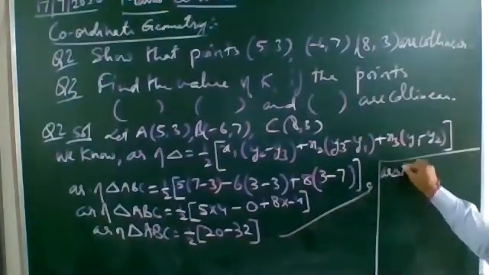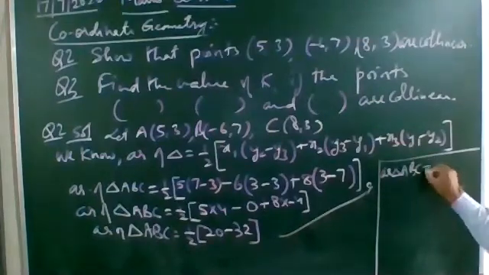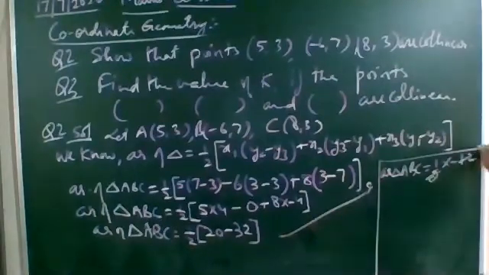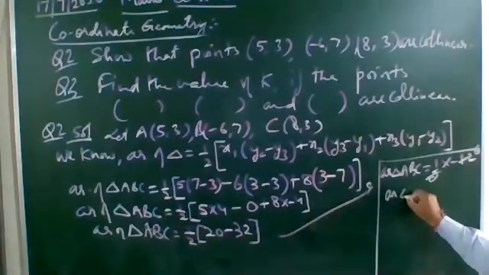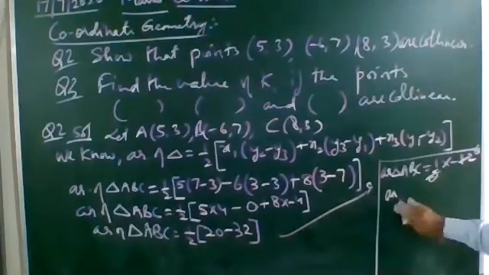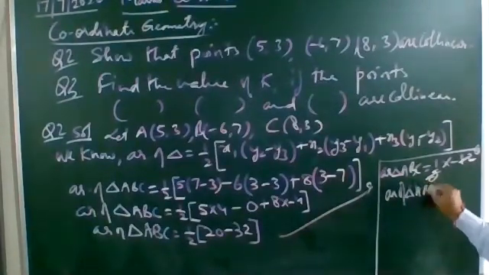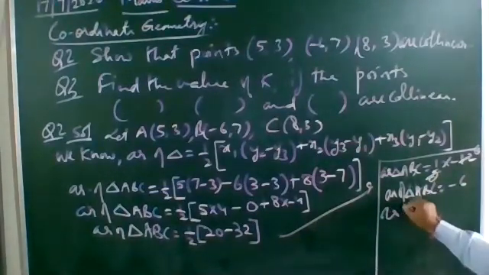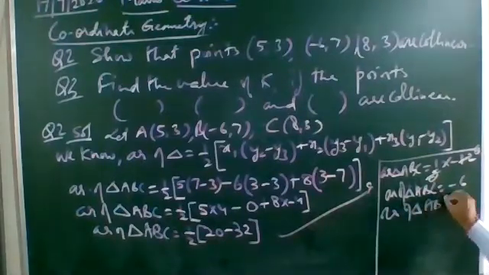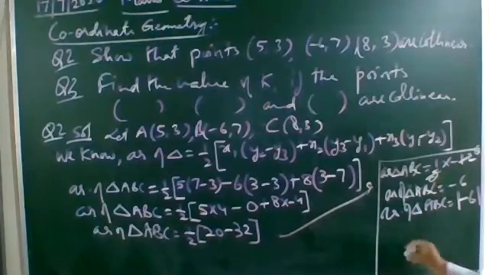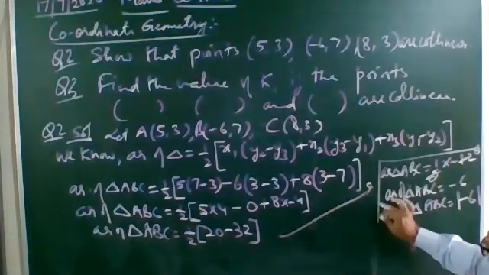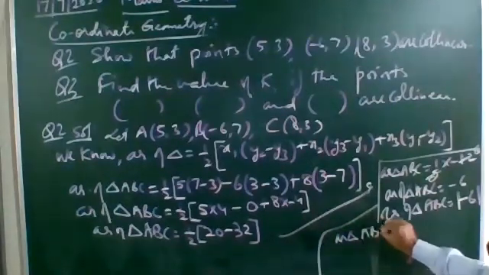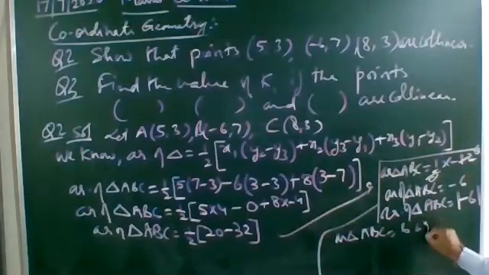Area of triangle ABC = 1/2 into minus 12, that is minus 6. Area of triangle ABC is minus 6, modulus of minus 6, so the area of triangle ABC is 6 square units.